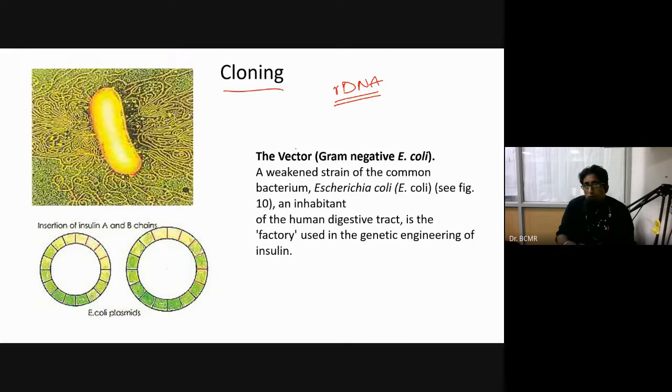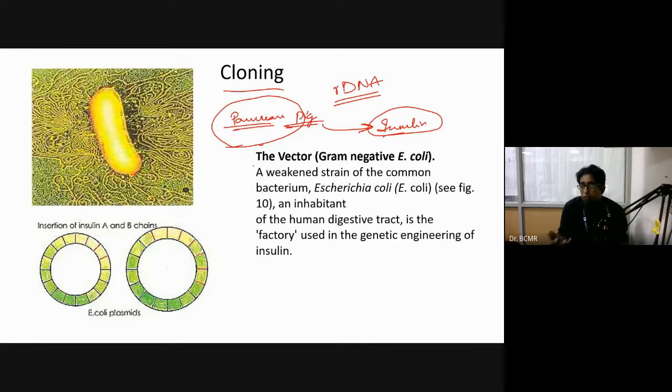In the olden days, they used to take the pancreas of pigs from the slaughterhouses, and from them they used to collect insulin. Just to get a gram of insulin, so many pancreases were required.